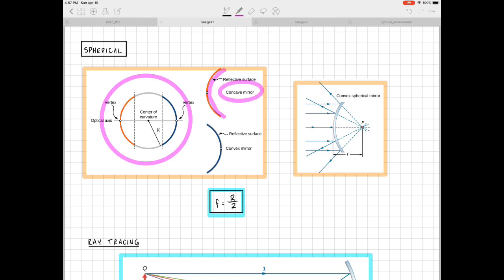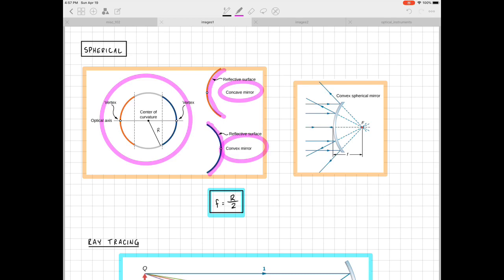And when the reflective side is on the outer edge there, then this is referred to as a convex mirror.